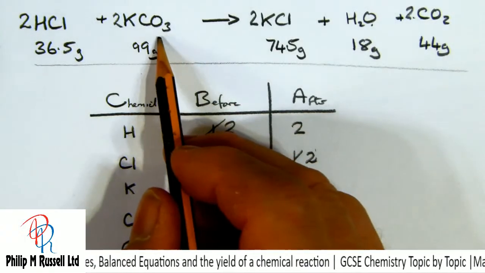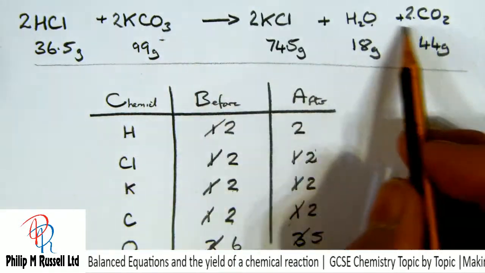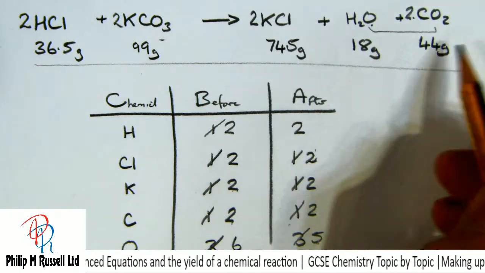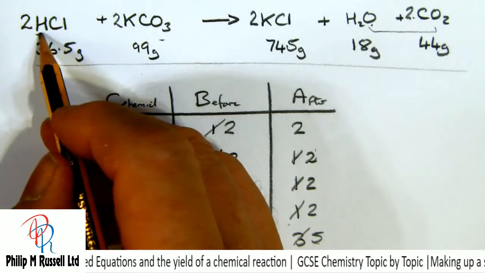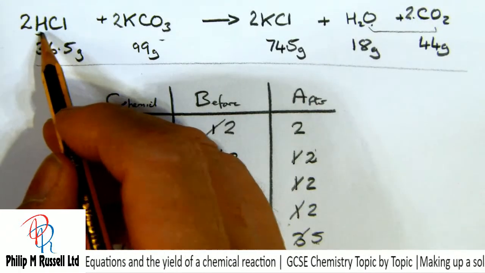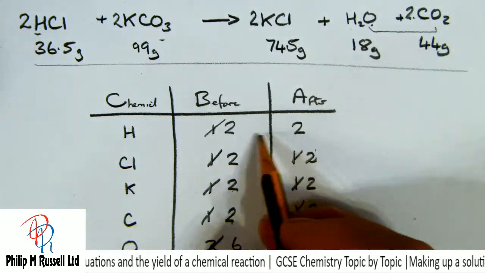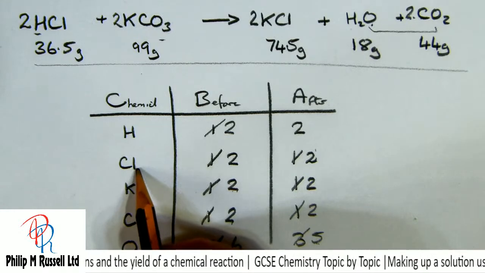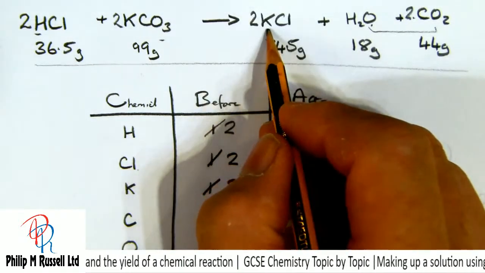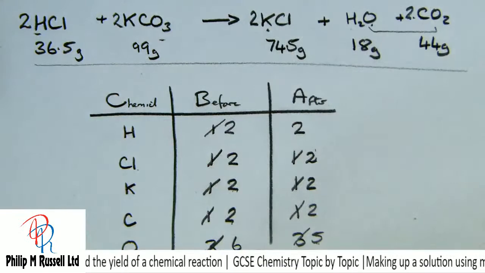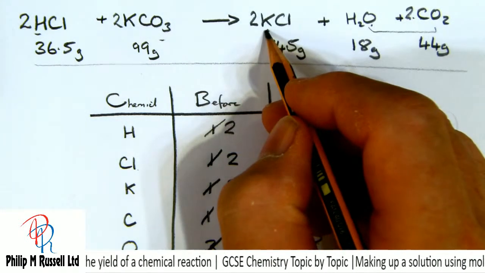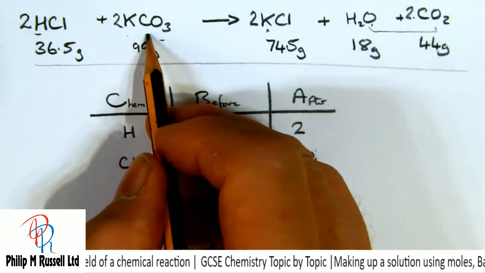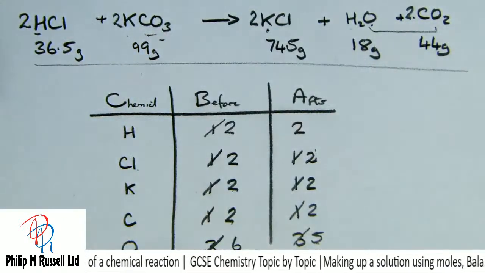That I've got 3 here and I've got 3 here. But the hydrogen, I've got 1 here and I've got 2 there. Doubling the hydrogen, unfortunately, also doubles the chlorine. Doubling the chlorine is doubling the number of Ks I need. And as I do that, so I am increasing the number of carbonates that I'm using.